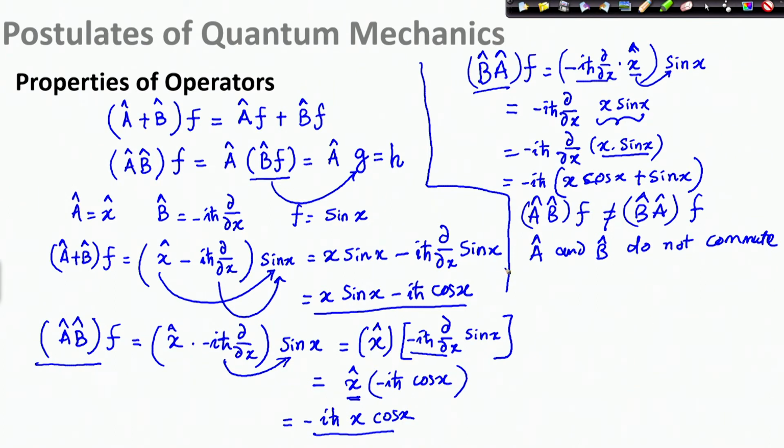However, in the example that I showed here, the operators do not commute. We will come back to this commutation relation between operators in our future classes, but we will continue our discussion on some further properties of the operators. Another important set of operators are known as linear operators.